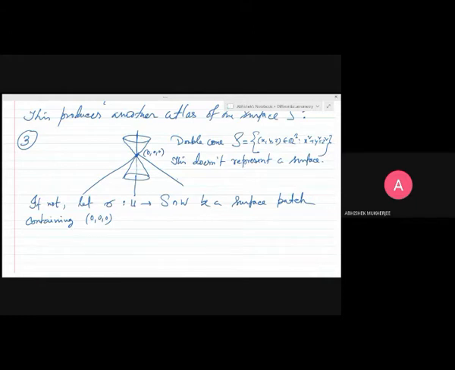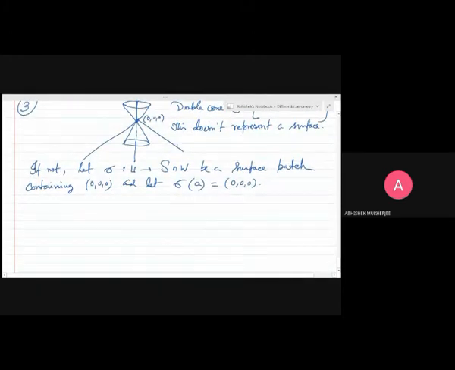And let sigma of small a equal this. As it is a homeomorphism, it is in particular onto.